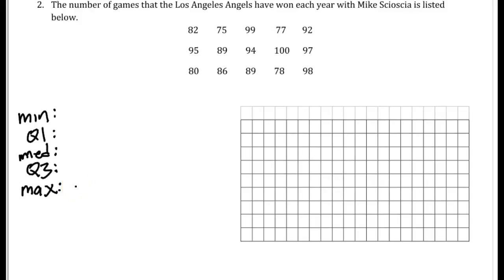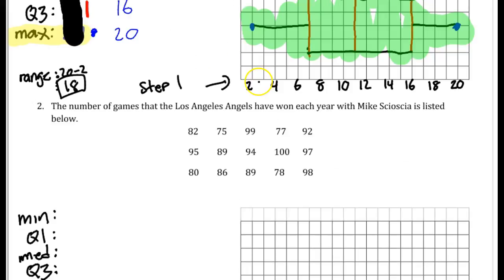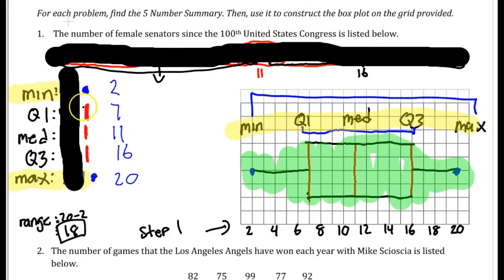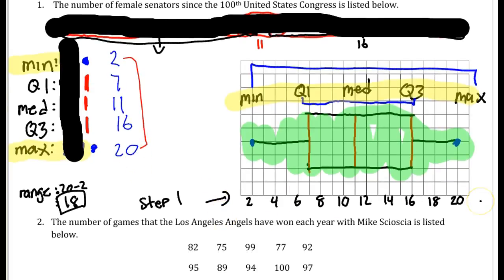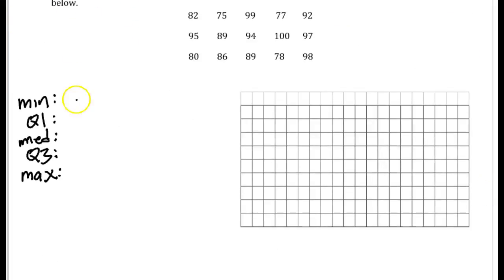One last thing that you're probably noticing on number 2 is that you have to do the scale a little differently. So up here, when we looked at the min and the max, it was only 18 apart, and we have 20 squares, so it fits easily. But when you do the min and max here, the min is 75, the max is 100, so that means you have to cover 25, right?